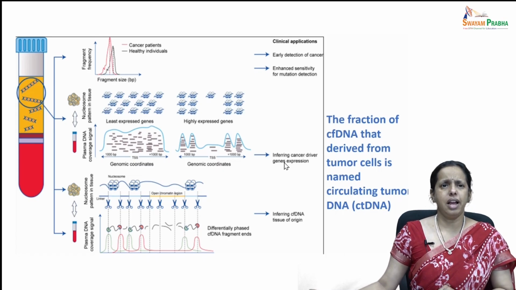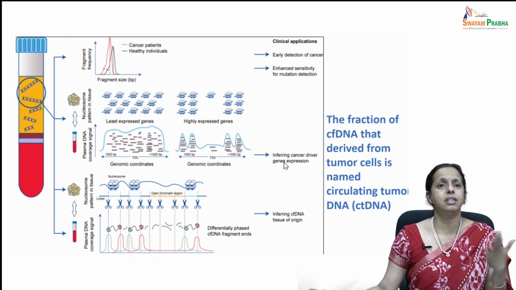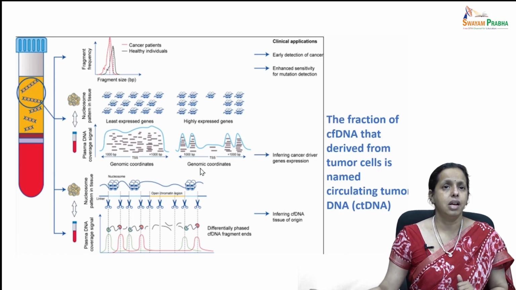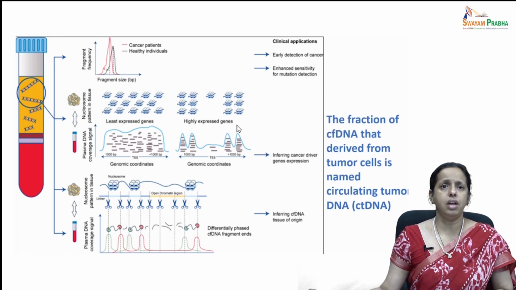Isn't it a very easy game to imagine, where you can match your genomic coordinates only from the blood samples? So you can clearly say which are the least expressed genes and which are the highly expressed genes here.